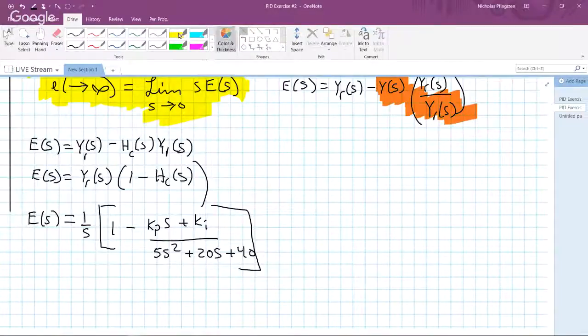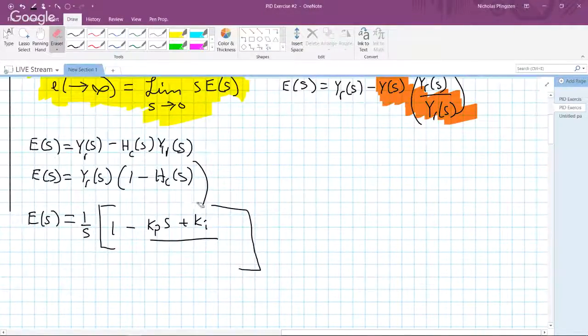So now, if I multiply the top and bottom by this, well, actually, I jumped the gun again.